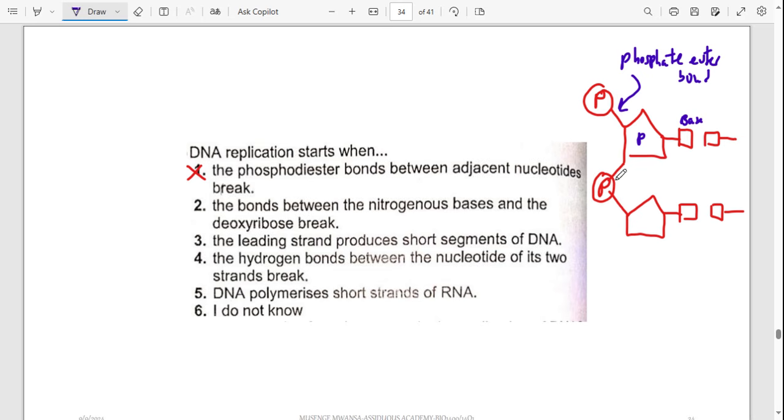Now, when you are connecting two nucleotides, can you see that you have got a phosphate with two pentose sugars? So the bond becomes known as a phosphodiester bond. So the phosphodiester bond is between the two. And then you have got this bond between the nitrogenous base and the pentose sugar. This is known as the N-glycosidic bond.